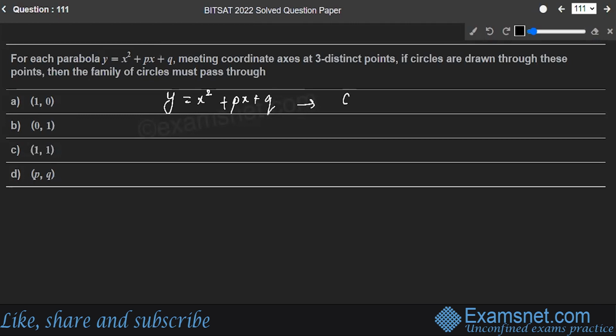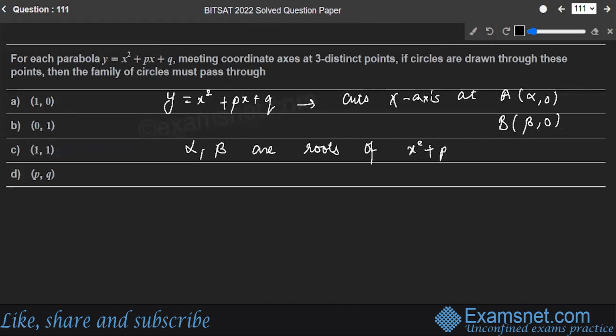This cuts the x-axis at, let's say, this point and this point, right? That means alpha and beta are roots of the equation, correct? So the sum of the roots is given by minus b, and the product of the roots is given by q.